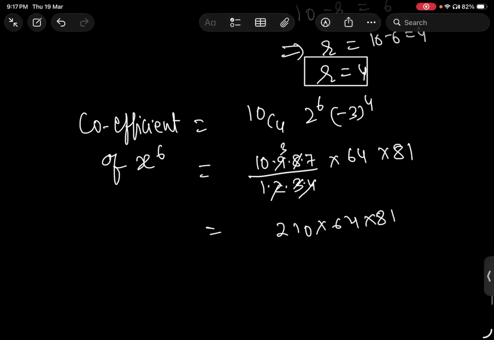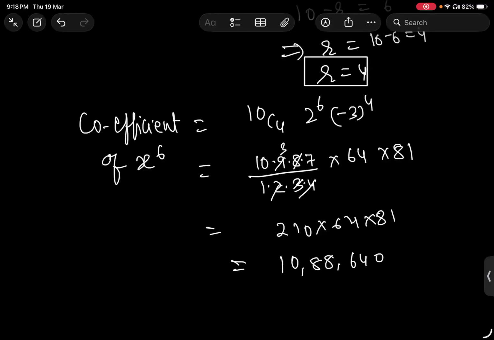We just need to multiply: 210 into 64 into 81. And that comes to 1,088,640. This will be the answer.